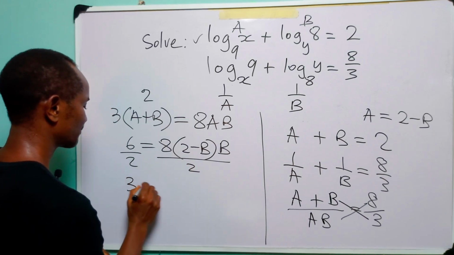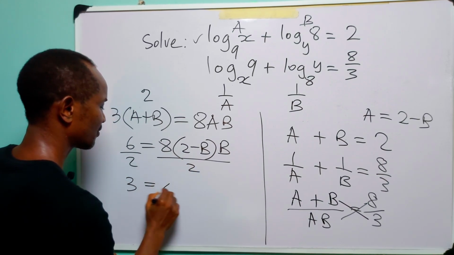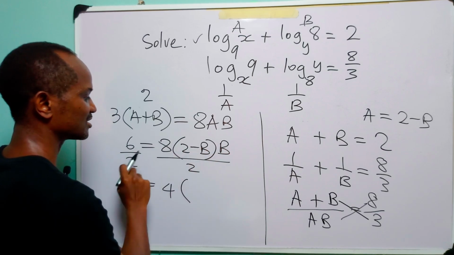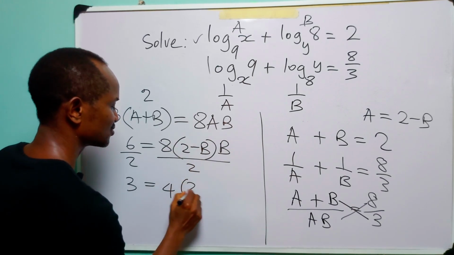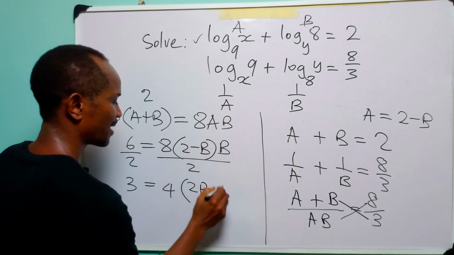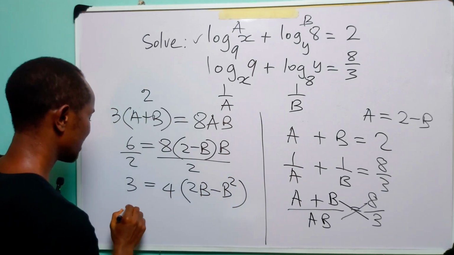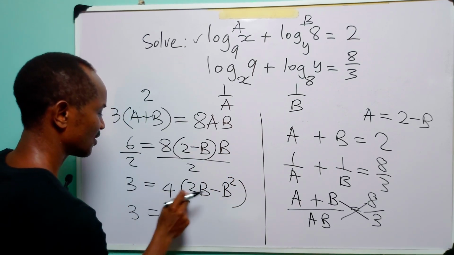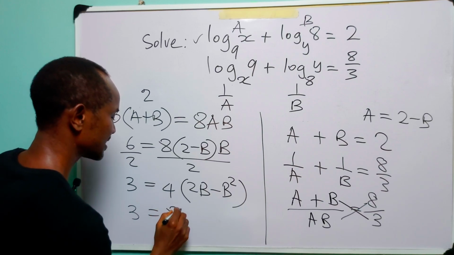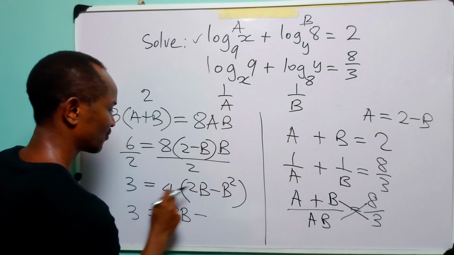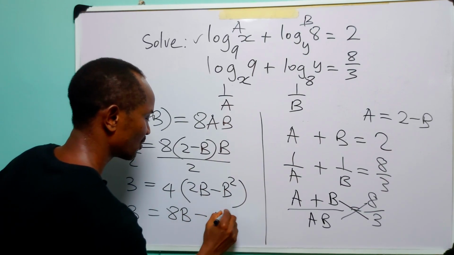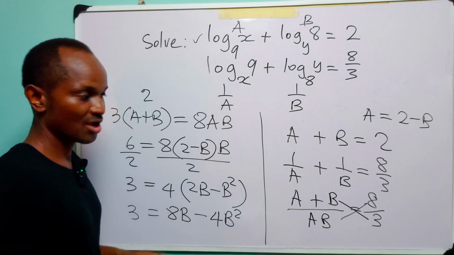So we have this over 2 and this over 2. Here we have 3 and here we have 4 into, let us open this bracket, 2 times b is 2b minus b times b is b squared. So we have that 3 is equal to 4 times 2b is 8b, and 4 times b squared is 4b squared.